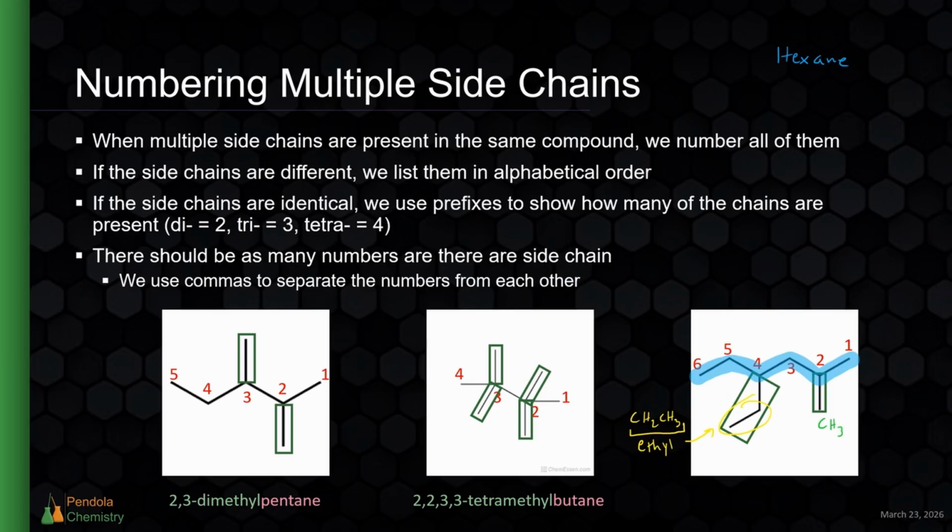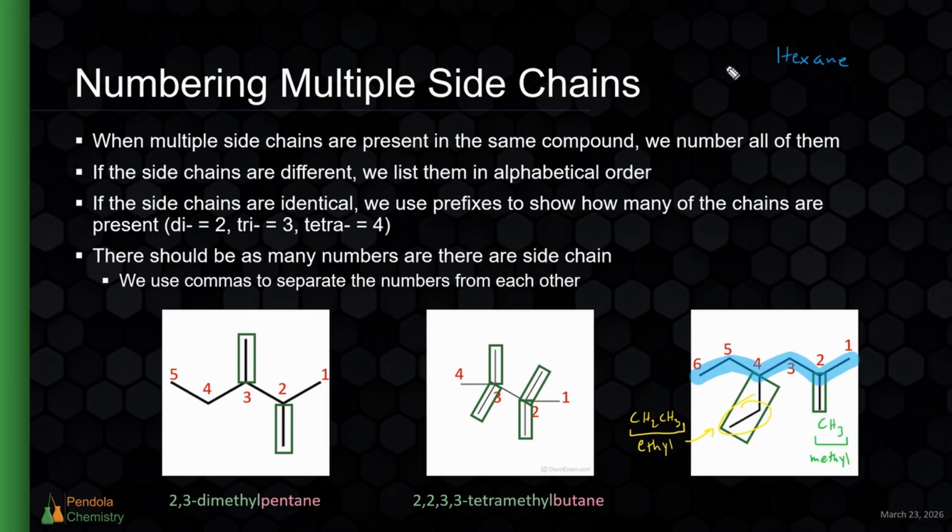On the other hand, the 1-carbon side chain we have on the other side is a methyl. Now the methyl side chain is on carbon 2, while the ethyl side chain is on carbon 4. So which one do we write first? It doesn't matter what number they're in. Just because methyl is in carbon 2 does not mean it goes first.